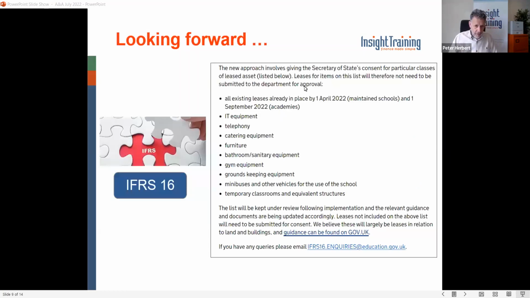It seems possible that with effect from 1 September 22, rather than that distinction between op leases and finance leases driving the need to get approval from the ESFA, the regime might completely change. And what the ESFA might say is, look, these leases for these categories of assets will not require our approval.